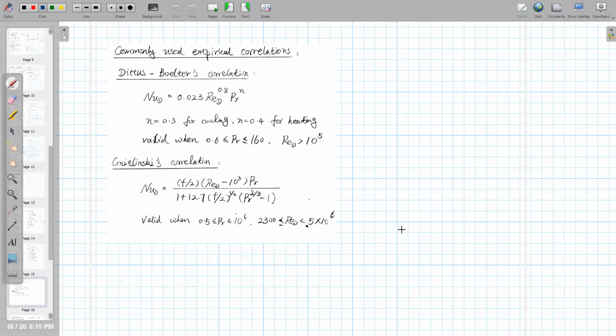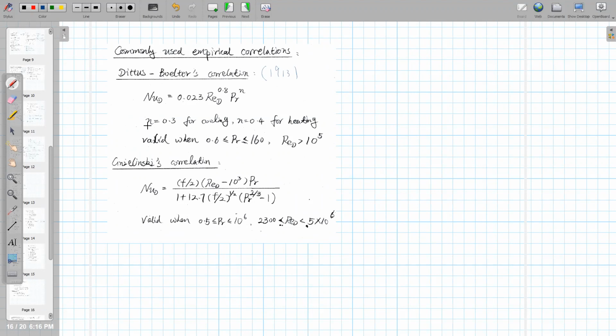All right, and there are more commonly used empirical correlations for fully developed turbulent pipe flow. The most commonly used is the Dittus-Boelter. People use it everywhere. The Nusselt number is 0.023 Reynolds number to the power 0.8 Prandtl number to an unknown power n, and this guy developed this in 1913 actually.